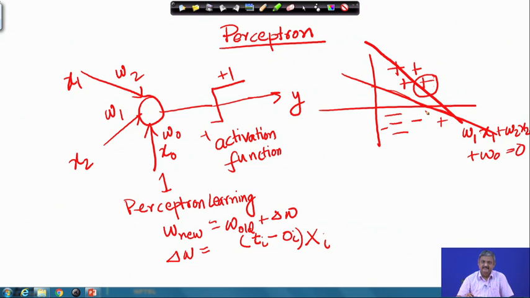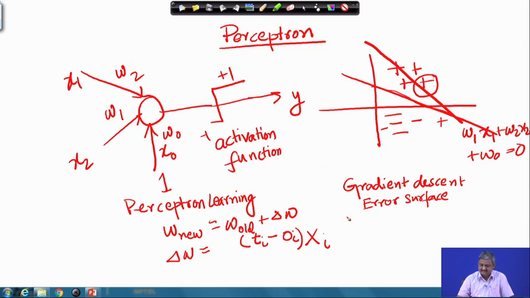Then we also studied an alternate algorithm called the gradient descent algorithm. What the gradient descent algorithm does, for different values of W0, W1, W2, it calculates an error surface. So, what is the error surface?